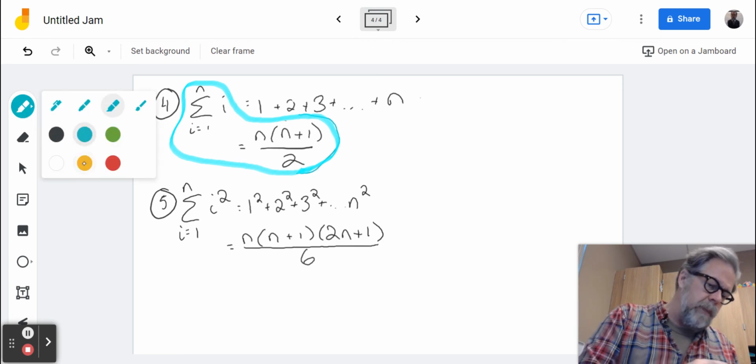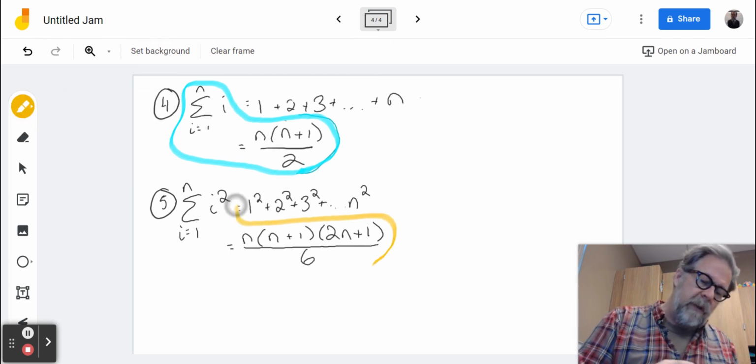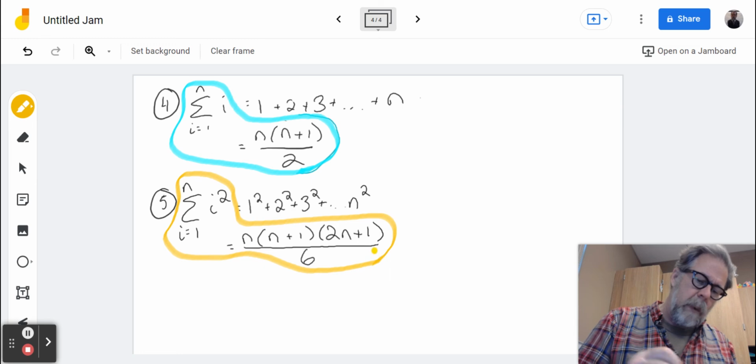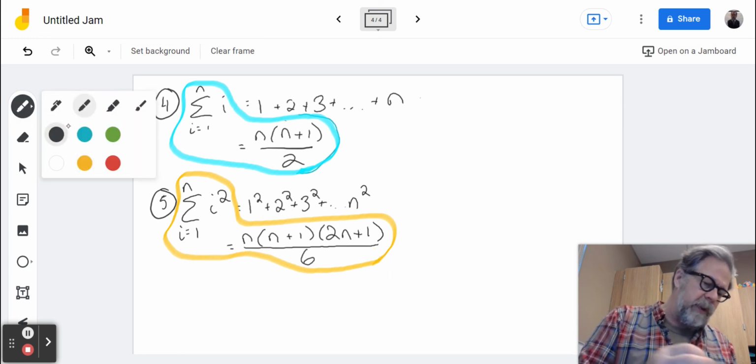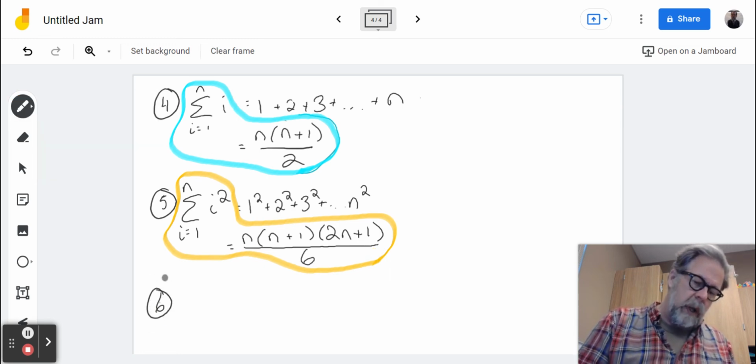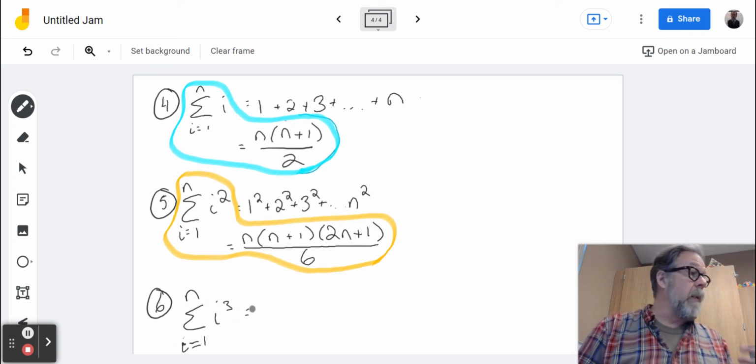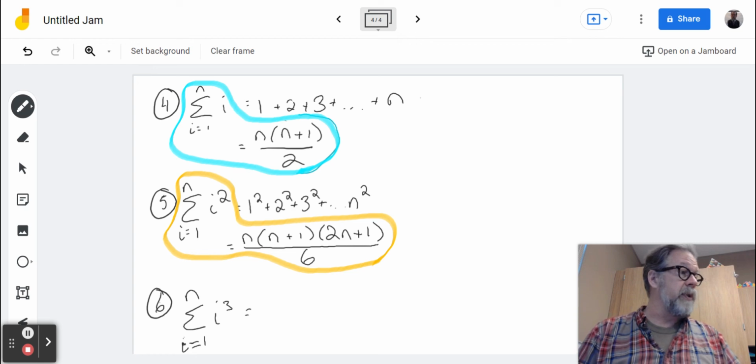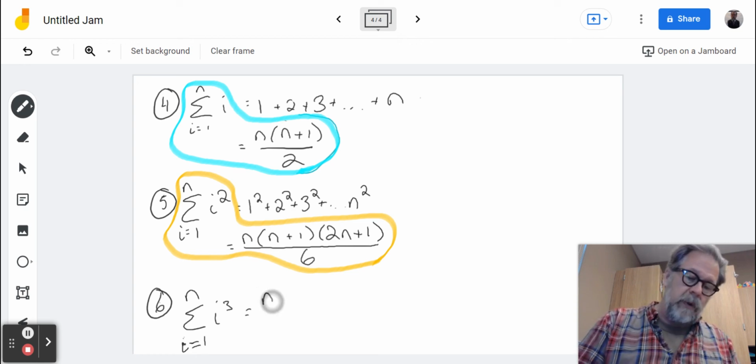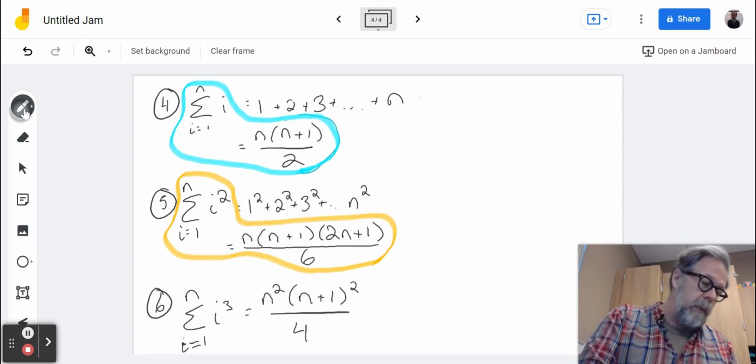Here's a fifth rule, and I'll give you one more, and then we're going to stop this video and call it good, which is that the sum of I equals 1 to n of I cubed, so 1 cubed plus 2 cubed plus 3 cubed, is equal to n squared times n plus 1 squared over 4.